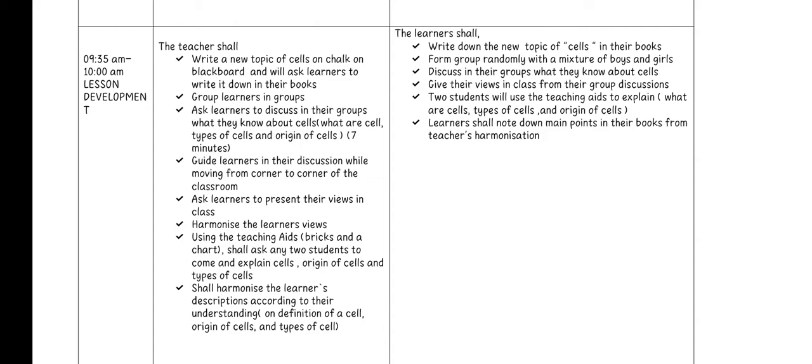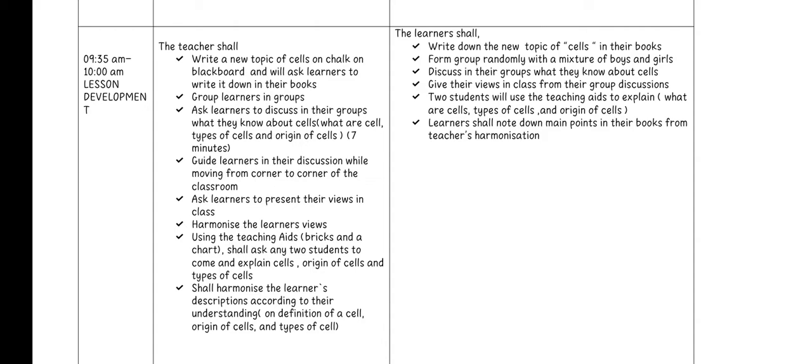The teacher shall also guide learners on how to present their views, and shall harmonize the views of the learners from their discussions.